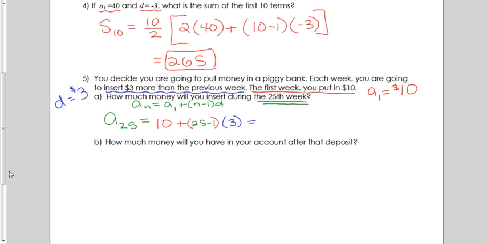If I typed that into my calculator, I would find that the 25th term was $82. So this means I put $82 in the piggy bank on the 25th week.